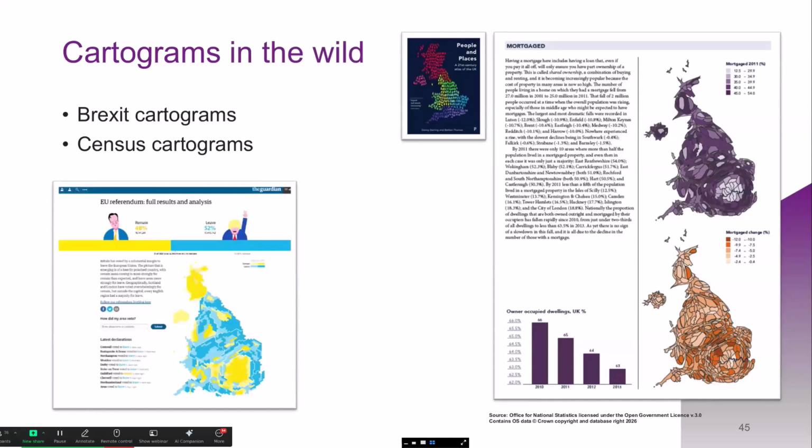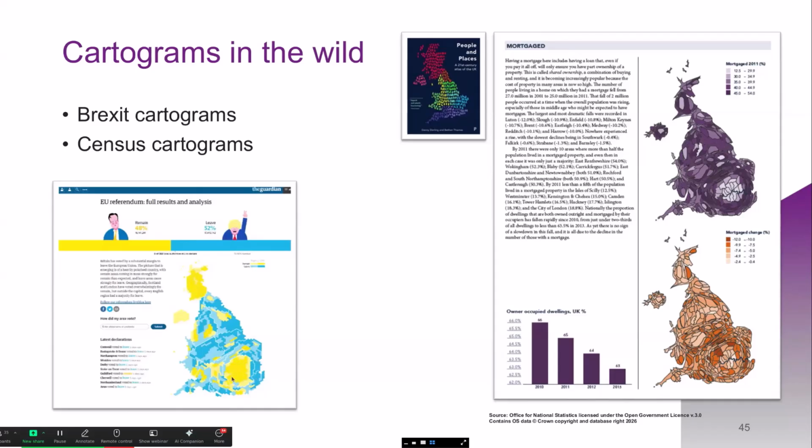Cartograms feature quite prominently in the wild, as I say. I don't know if people can remember the Brexit referendum of 2016, which seems a long time ago now, but cartograms featured prominently in the reporting by The Guardian to create things like this. The benefit of this being that, again, Scotland, few people, big areas; southeast of England, lots of people, smaller areas.